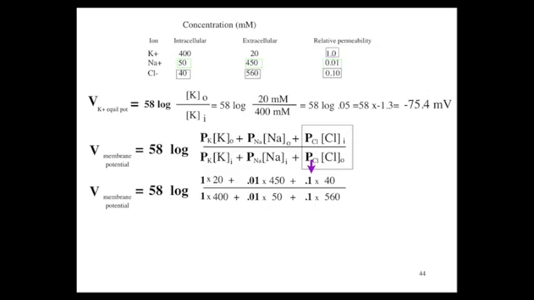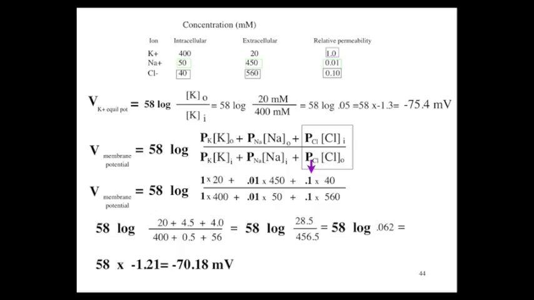So now what we're going to do is just multiply these terms. That's it. So it's going to be 1 times 20, which is 20, and of course 1 times 400, which is 400, and then 0.01 times 450, which is 4.5, and 0.01 times 50, which is 0.5, and then 0.1 times 40, which is 4, and 0.1 times 560, which is 56.